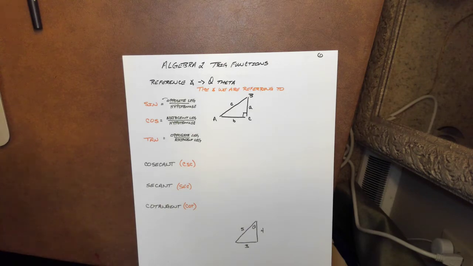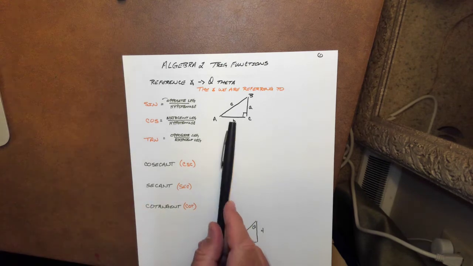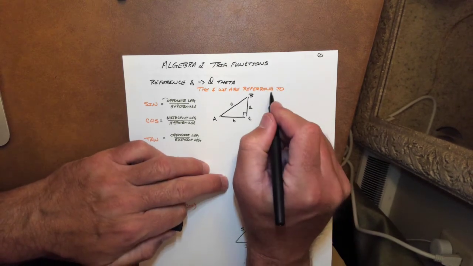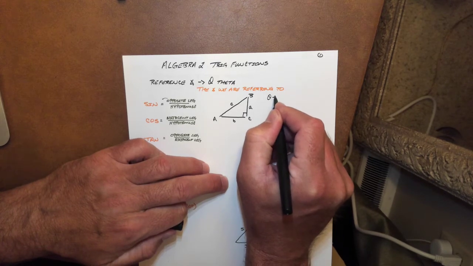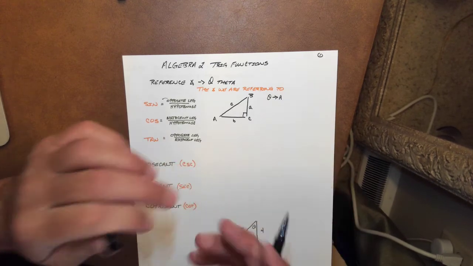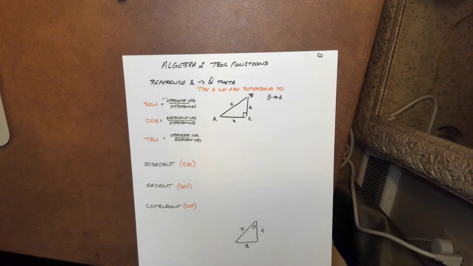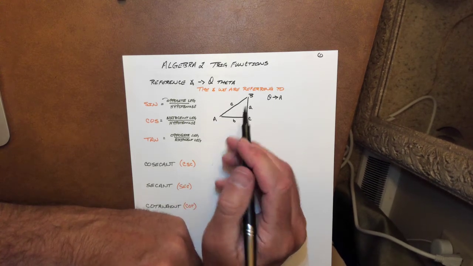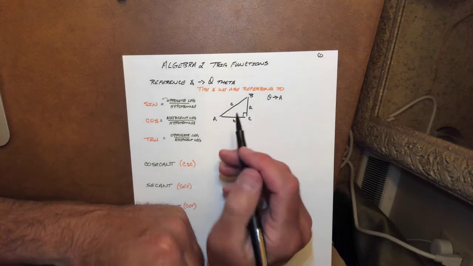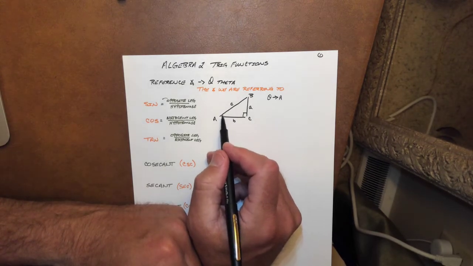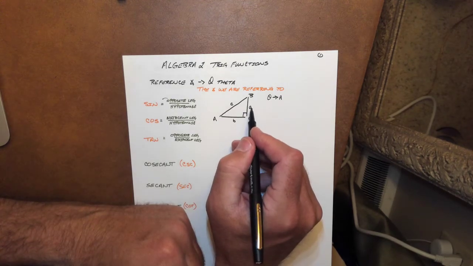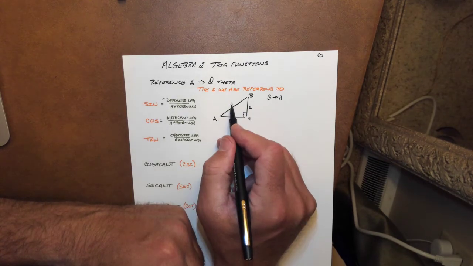So, looking at this, let's say our reference angle is theta. And it's going to be one of the acute angles. So, if A is our reference angle, what we're saying is that this degree measure, whatever it happens to be, will equal the ratio of the opposite side over the hypotenuse.